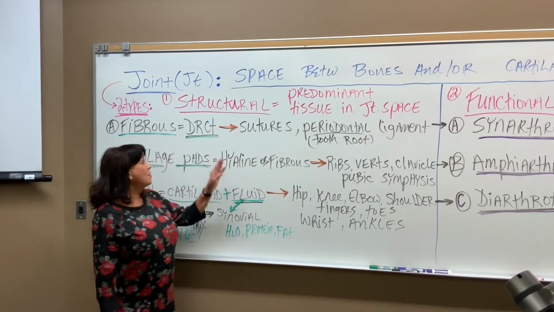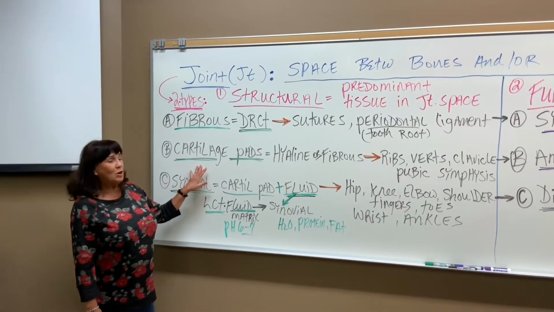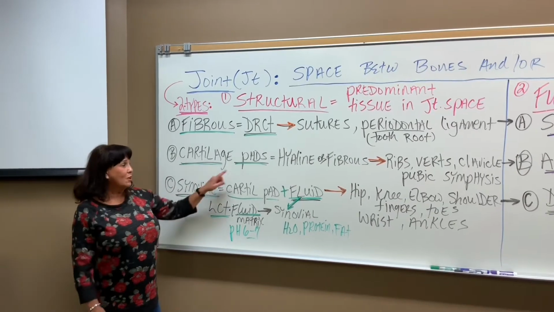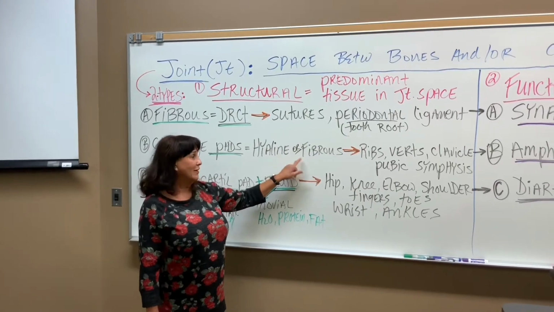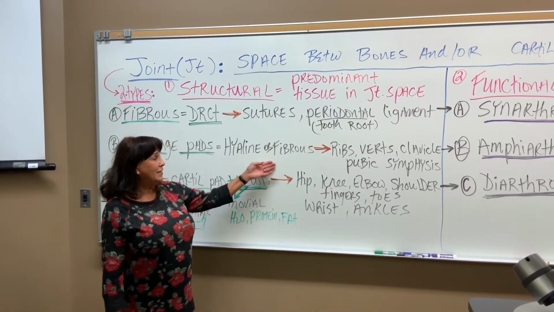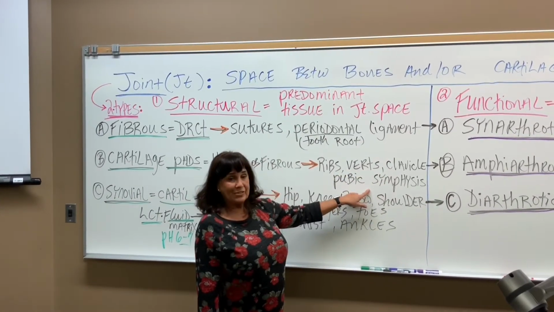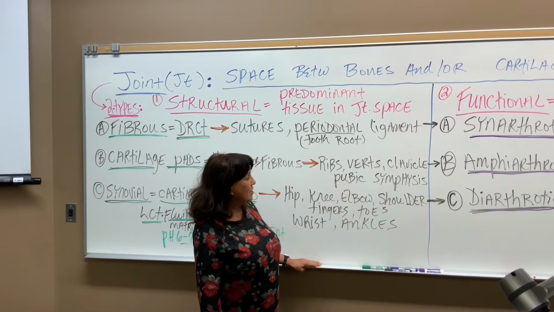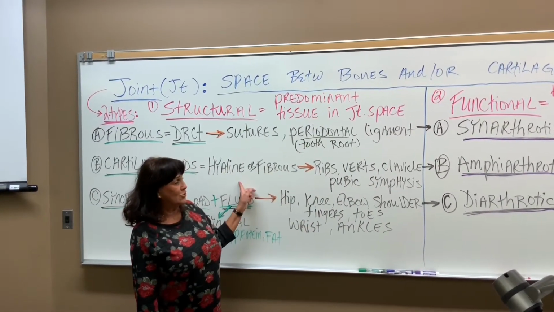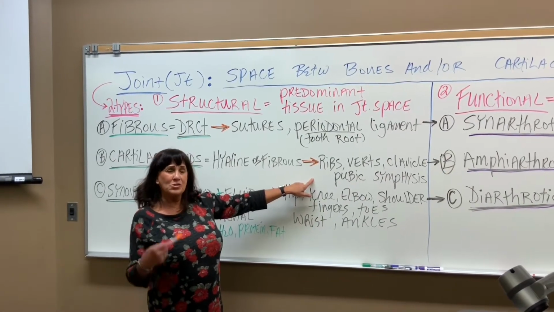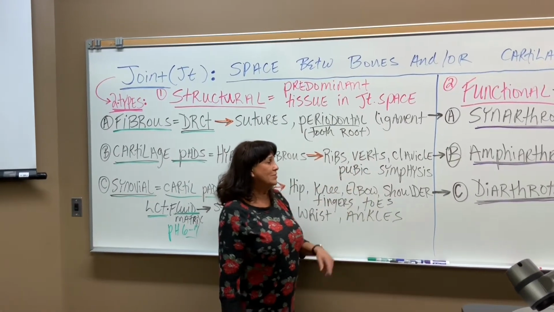So now, after dense regular CT in that joint space, then we have cartilage pads on the ends of the bones, little cartilage pads, and they're either made out of hyaline or fibrous cartilage CT, right there. And where do you find these? Well, the ribs, the vertebrae, the clavicle, the pubic symphysis. All of those areas have joint spaces that are filled with one of the two types of cartilage. And then how much movement is actually allowed by the ribs, the vertebrae, the clavicle, and pubic symphysis?